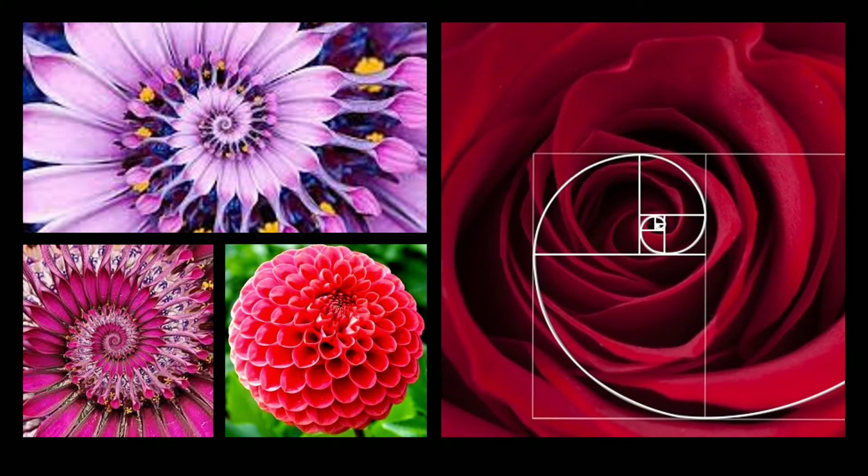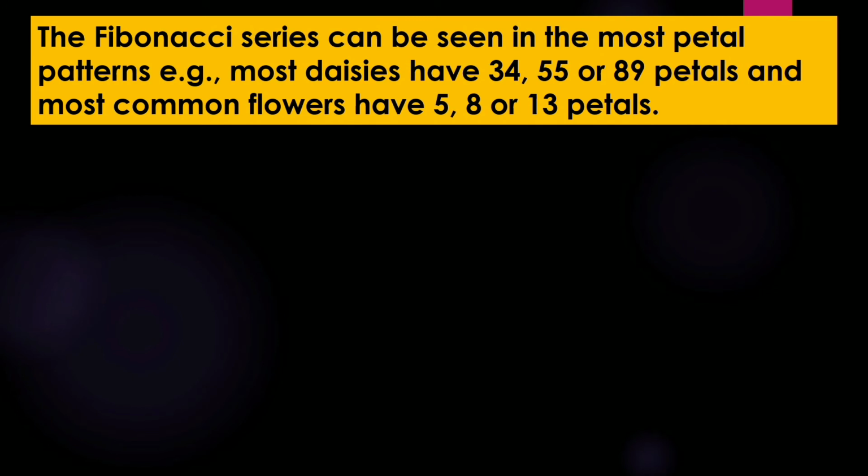So beautiful. These are flowers having again Fibonacci patterns. Number of petals on a flower. You can see these create the Fibonacci patterns. The Fibonacci series can be seen in most petal patterns.